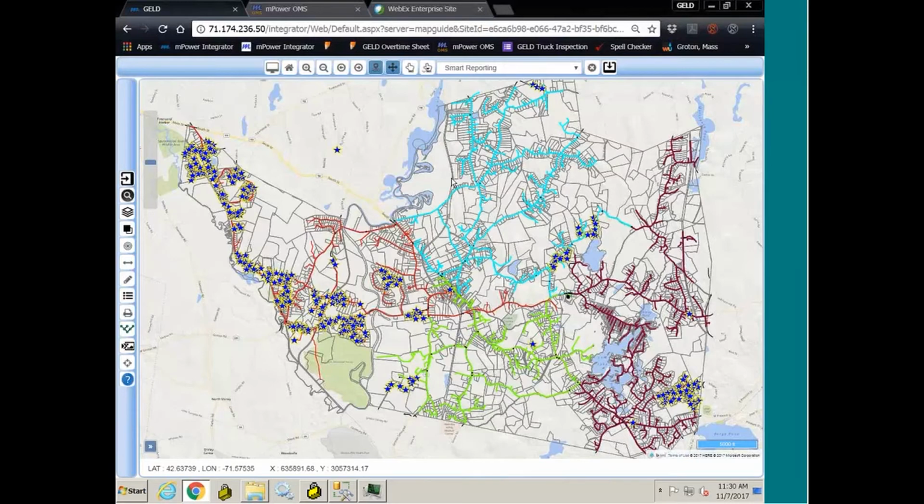Now, Sunday night, 20% of our county was out of power because we have the information and we have a staff that bust their butt, and they were all here by 1 a.m. We were able to look at the size of the outages, where the problems were, and assign the crews accordingly.